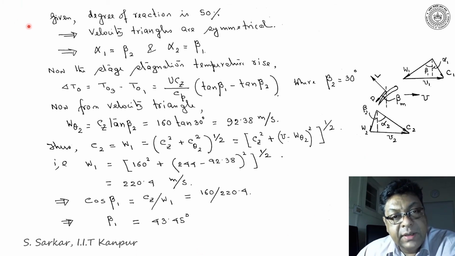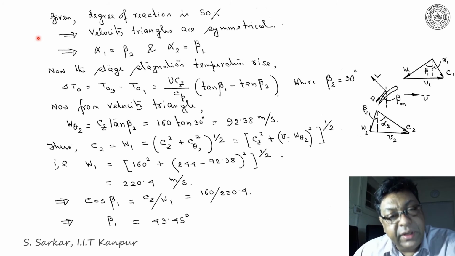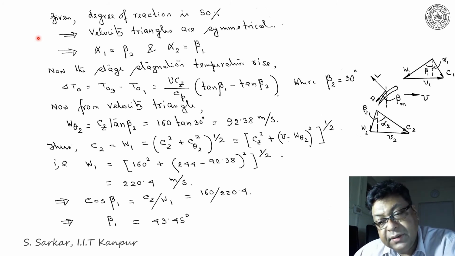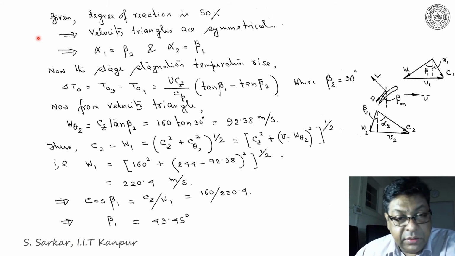Now look, the degree of reaction is stated as 50%. Thus the velocity triangle would be symmetrical, and also alpha 1 would be equal to beta 2 and alpha 2 would be equal to beta 1.